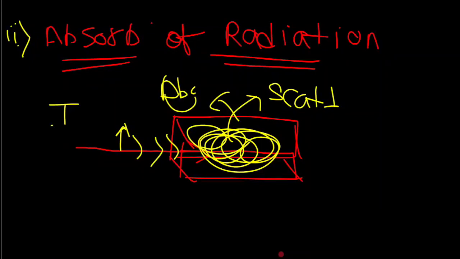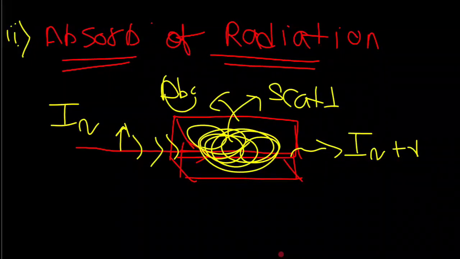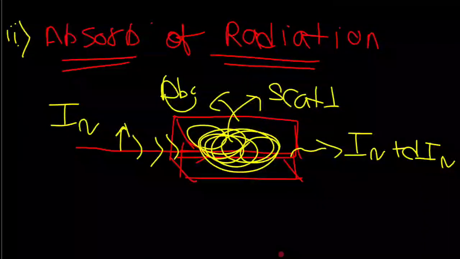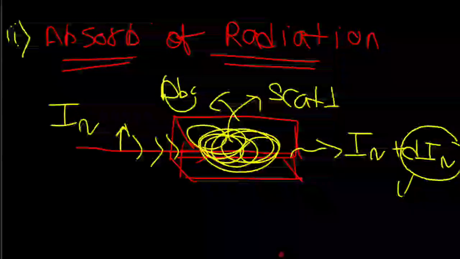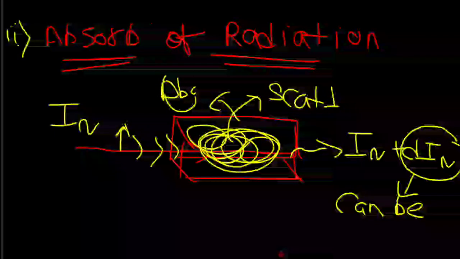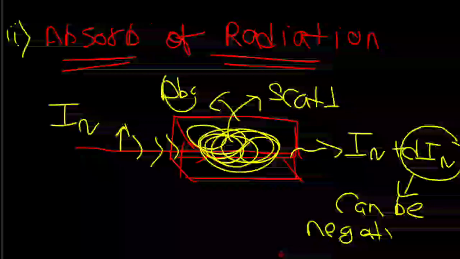It means, suppose the radiation was initially I_ν, and after escaping from this element, let's say it is I_ν plus dI_ν. Remember, this dI_ν can be negative also, and certainly it is negative in our case.